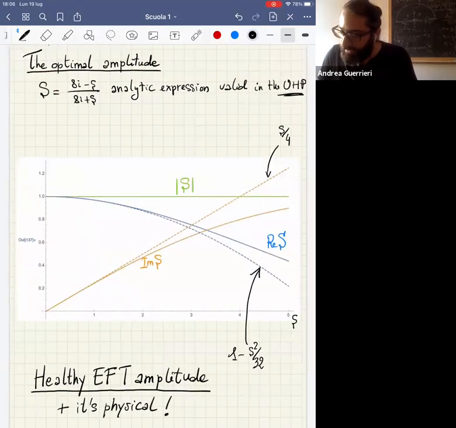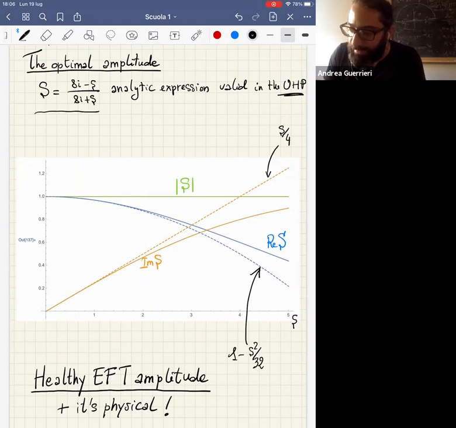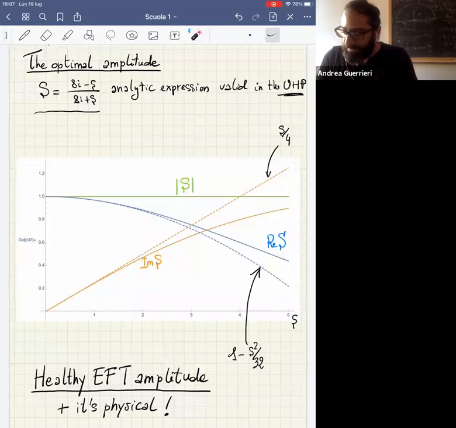There is something fun that I also wanted to show, which is how the phase shifts look. In this case we know the S matrix analytically, but the curves that you see here are given by our numerics, as a function of S. You can see that this is a very nice physical effective field theory amplitude, from the matching that the real part and the imaginary part have with the perturbative count.